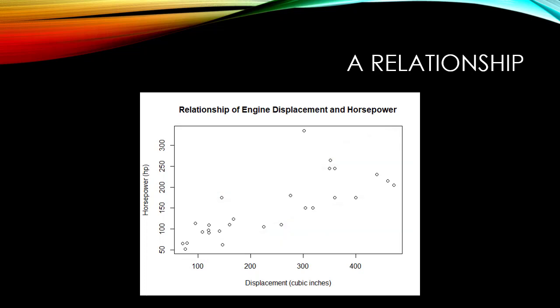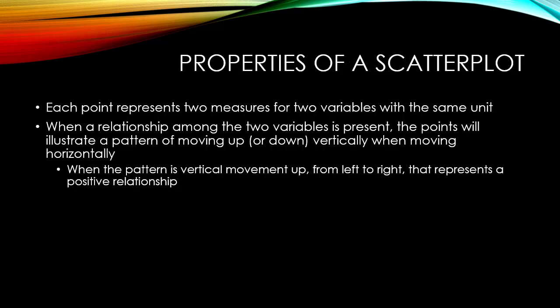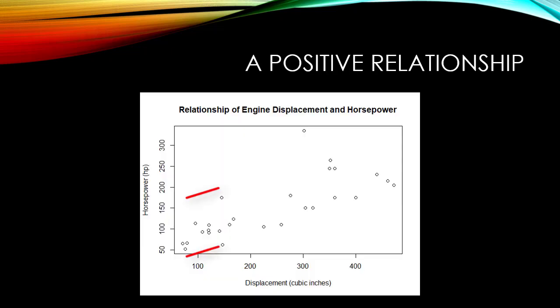When the pattern we detect is vertical movement upward as we move from left to right, that represents a positive relationship. In this scatterplot, we can detect a definite positive relationship of engine displacement and horsepower.